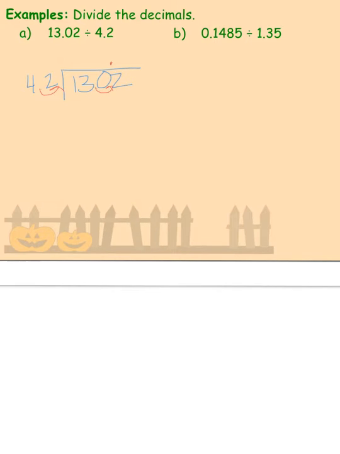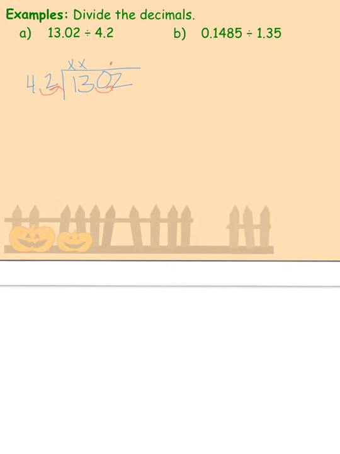All right, now this part gets a little tricky, only because it's bigger numbers. So we're going to ask ourselves, does 42 go into 1? And hopefully you're going to say, no, it doesn't. So putting a little X there. Does 42 go into 13? Hopefully you're saying, nope, that doesn't work.